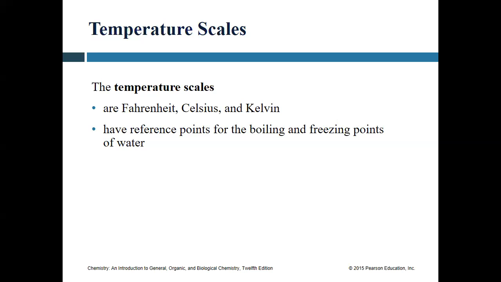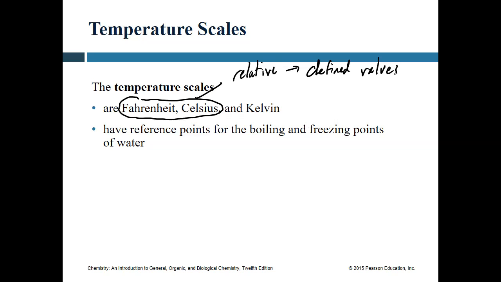These first 2 scales, Fahrenheit and Celsius, are what are called relative scales. The reason they are called relative scales is because they are based on defined values, the defined values being the boiling point and the freezing point of water.